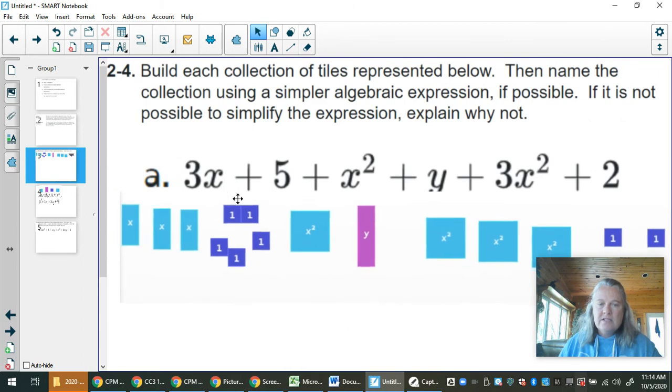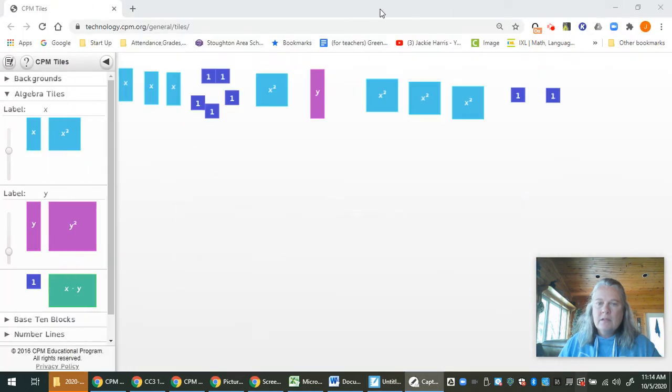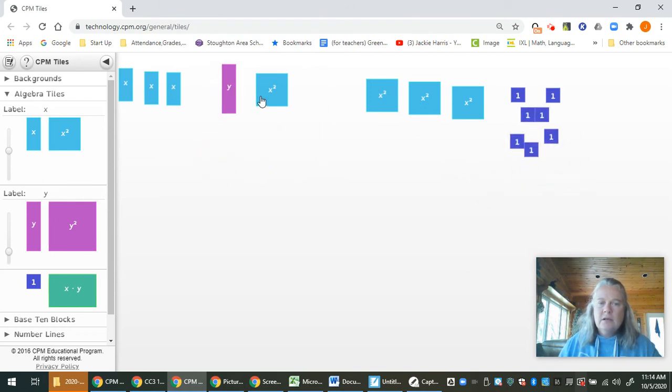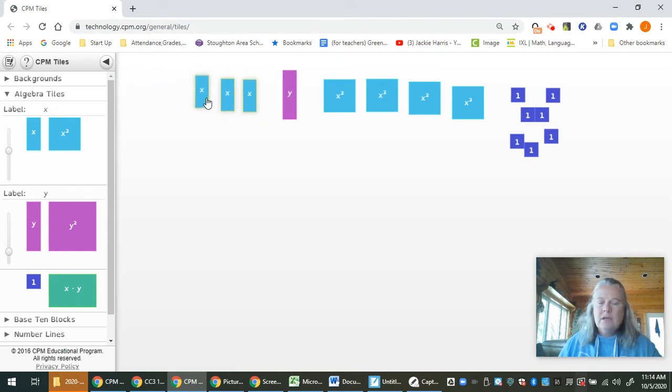So if this is what I started with, 3x, 5, x squared, y, 3 x squareds, and 2, I can rearrange it by putting all the 1's together, the x squareds together, and the y's together.